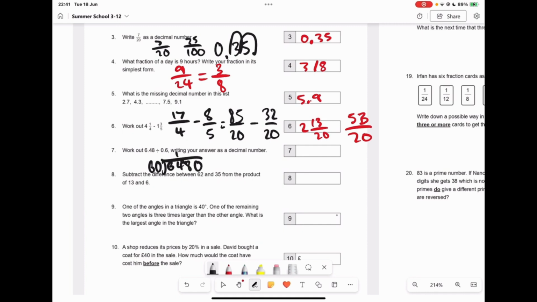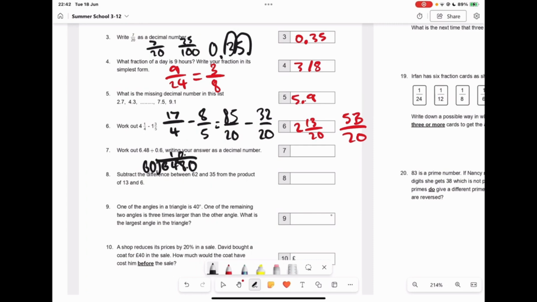And we're looking at, well, 0 here. And then how many 60s in 480? And this will have a decimal here. Well, we know that 8 60s go into 480, so the answer will be 10.8.